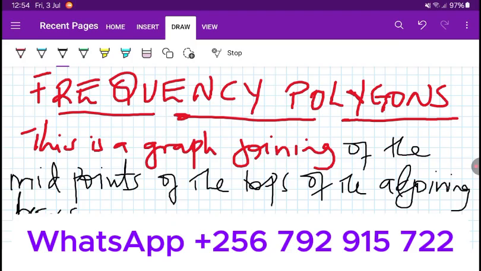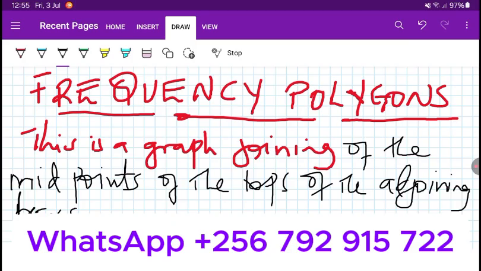So they are basically graphs that display the data by using lines. We use lines that connect points plotted for the frequencies at the different midpoints of the different classes.